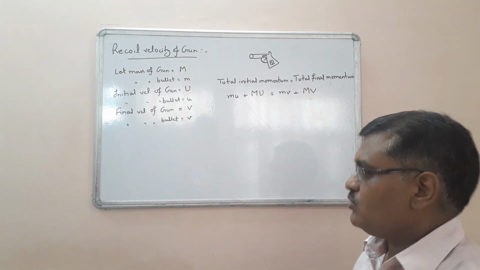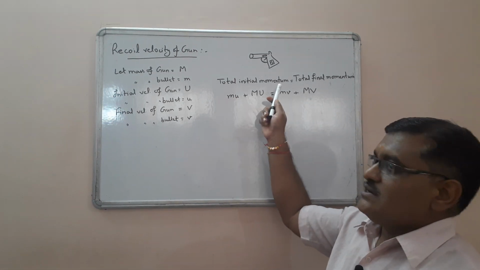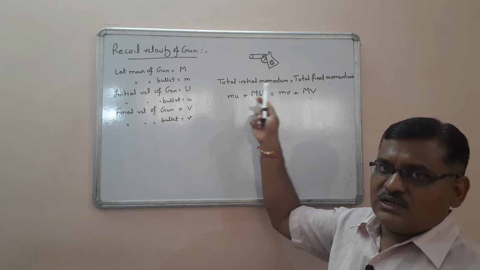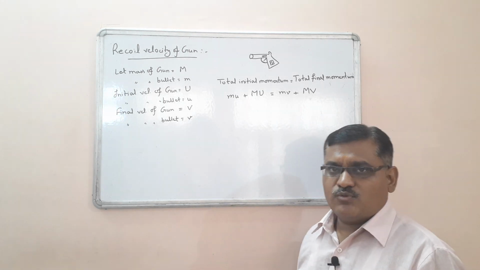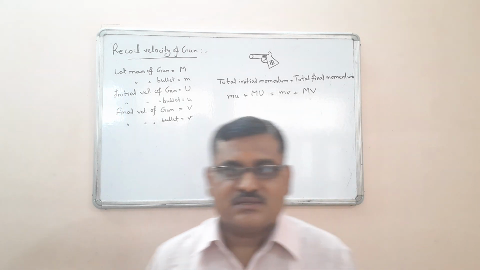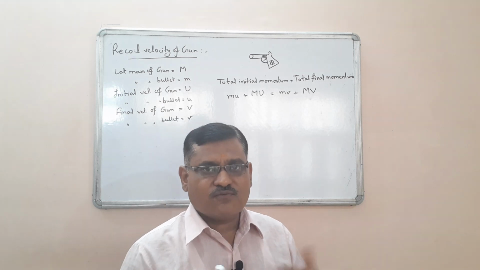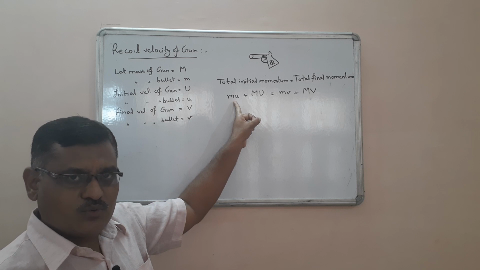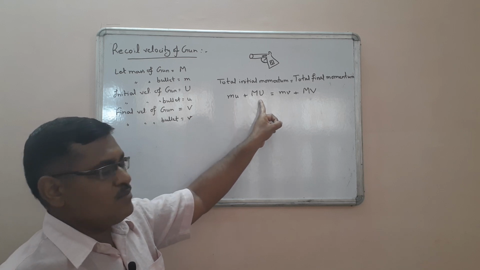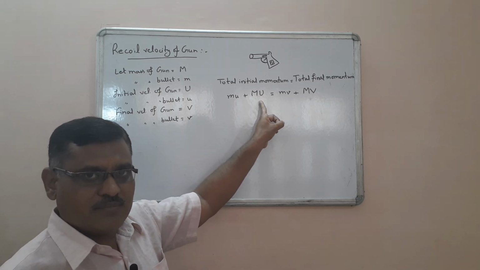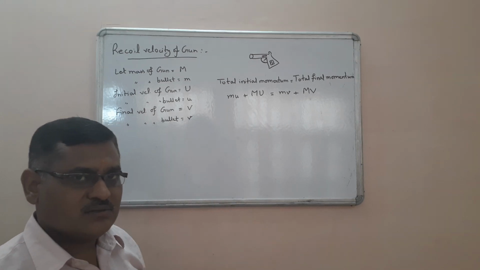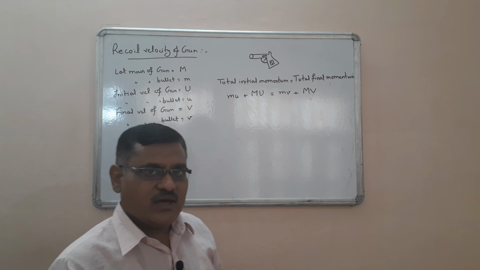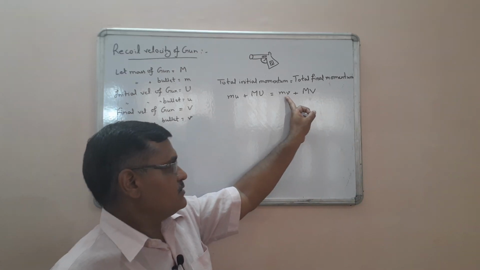according to the law of conservation of momentum. You know, total initial momentum is always equal to total final momentum. It means if we have not fired, the momentum of the bullet is mu, the momentum of the gun is capital M, capital U, and if we fire the gun, then what happens?